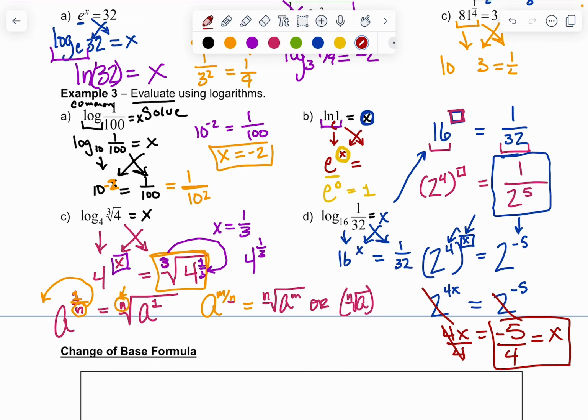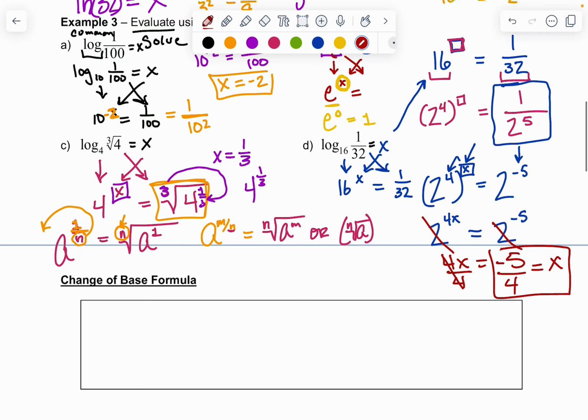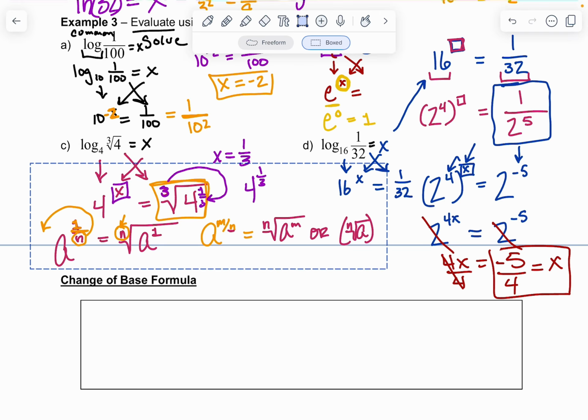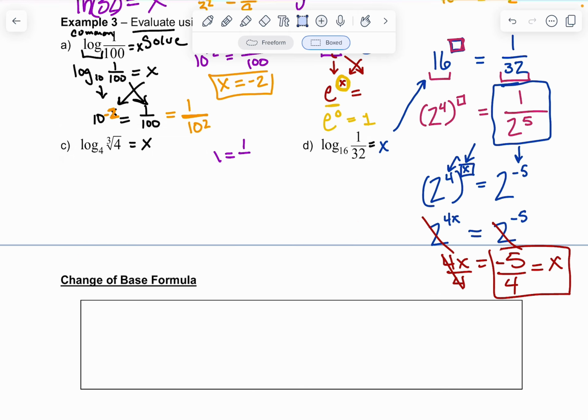And you could, just to prove it here, test this out. Let's say we have 16 to the negative 5/4 power.